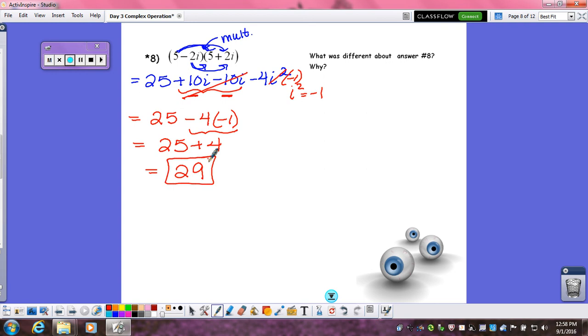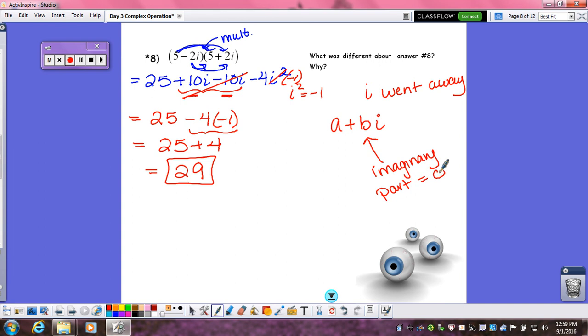What is the difference about answer 8? Well, compared to question 7, your i went away. Since your i went away, if it was in standard form, your imaginary part equals 0.